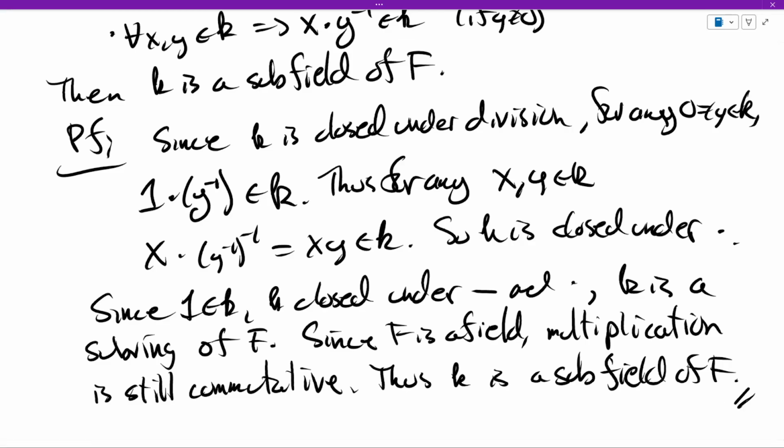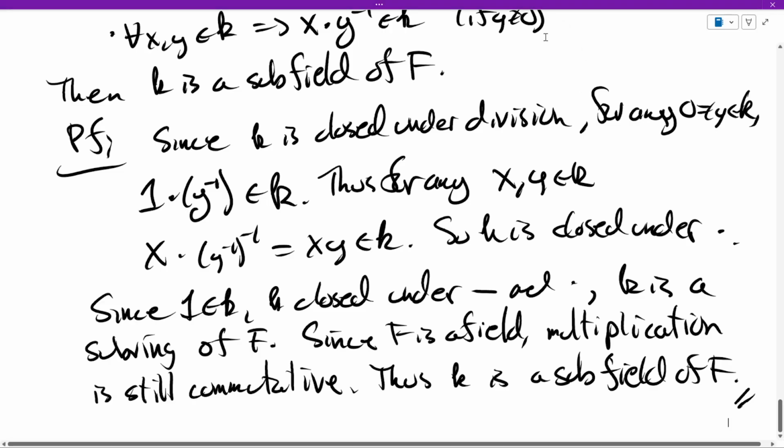All right, awesome. So this is the subfield test, which is again going to be slightly different than how it's stated in the book, and that's okay. In the book, it's that you have to be a subring, and you have to have multiplicative inverses. It's equivalent, of course. It's just stated slightly differently.